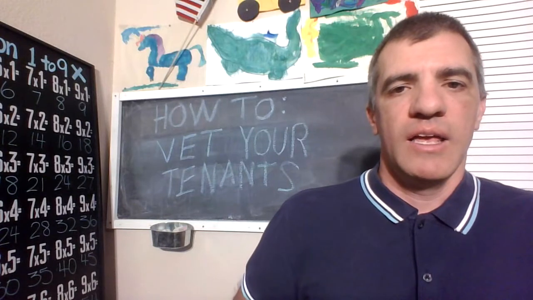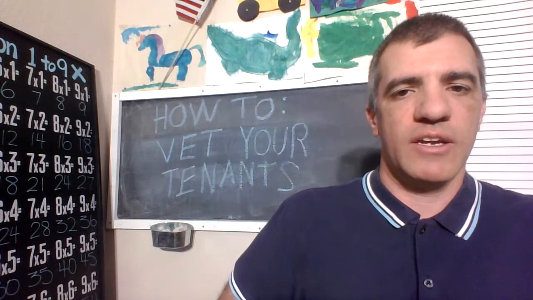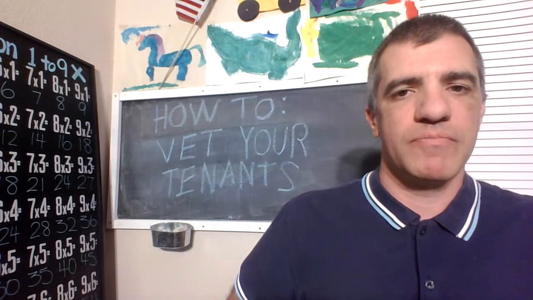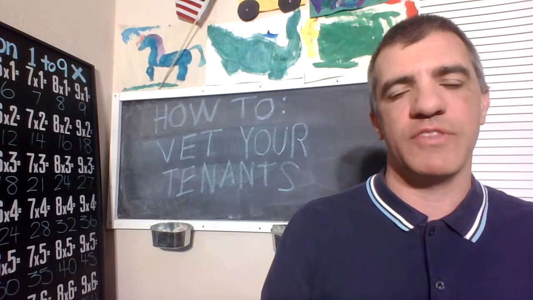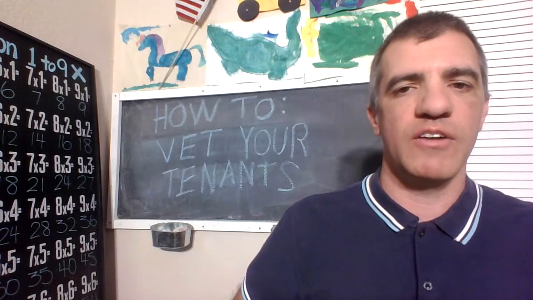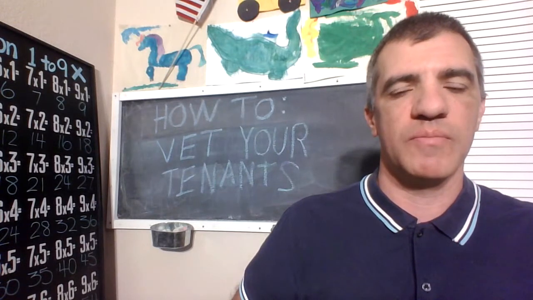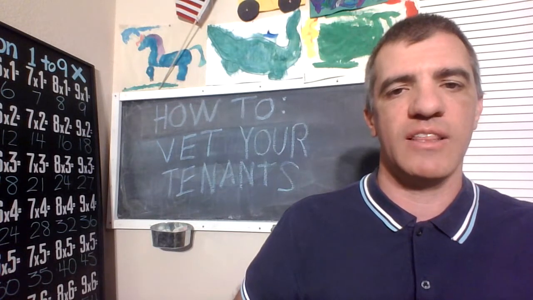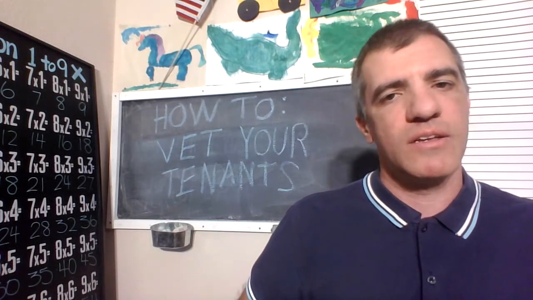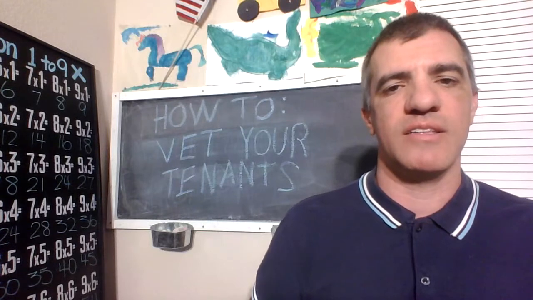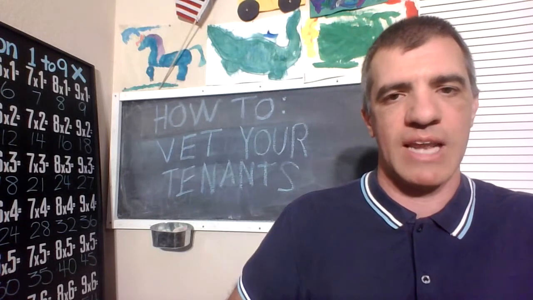So I go through and I look at their income, and if they maybe just started a new job, or if they don't have a good history of consistent work, even though their income may be 3 times that of the rent, I might be a little hesitant to accept them as an applicant.